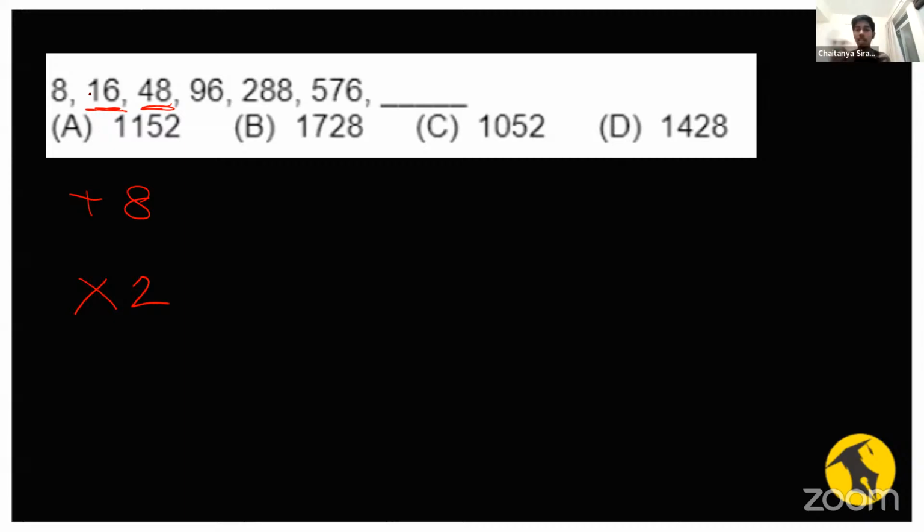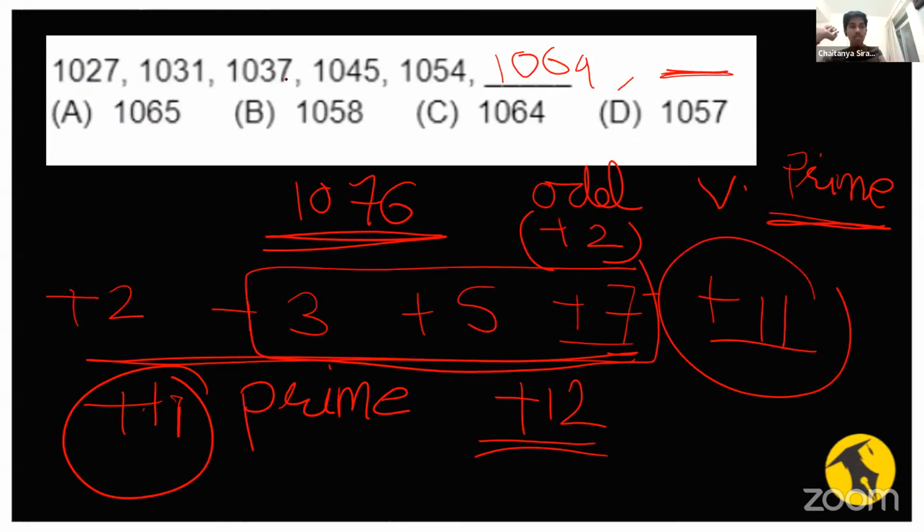One quick way to check whether it's an addition-subtraction series or a multiplication-division series is to see how fast the numbers are growing. In the last question, they were not growing so fast. It was still an increase of 27 only.